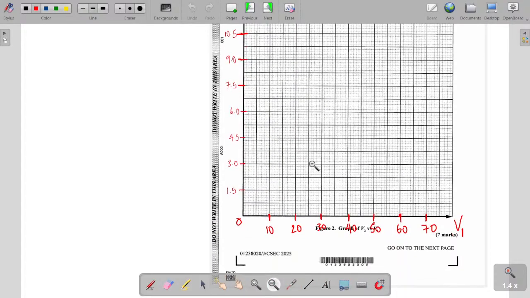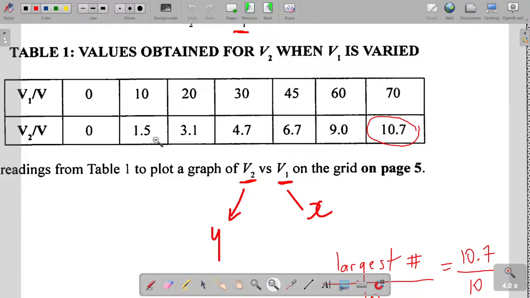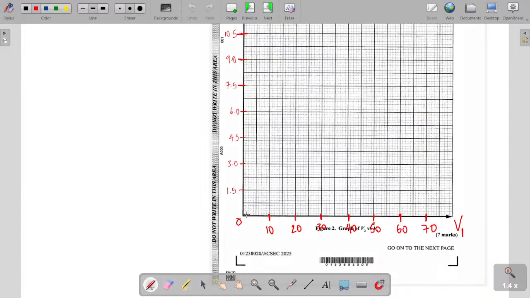So now we can go ahead and plot the points from the table. So first point is 0, 0. So we're going to plot our first point, which is 0, 0. When we are plotting our graphs, we use a dot with a circle, or we use an X. So I'm going to start with a dot with a circle, so 0, 0 will be right here.